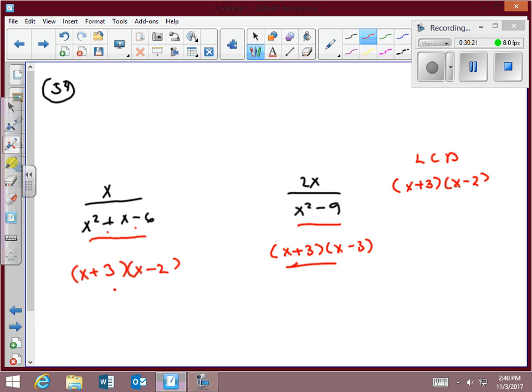This one says an x plus 3 must be in it. There is an x plus 3. We don't need to take anything more over, right? This one says there better be an x minus 3. We look up here, no x minus 3. So what do we have to do? Add the x minus 3. Now every prime factor to the highest degree it occurs in each one of our denominators is in the least common denominator.